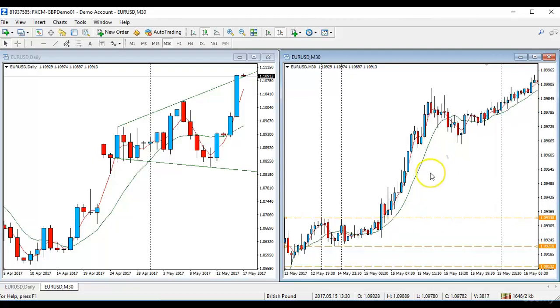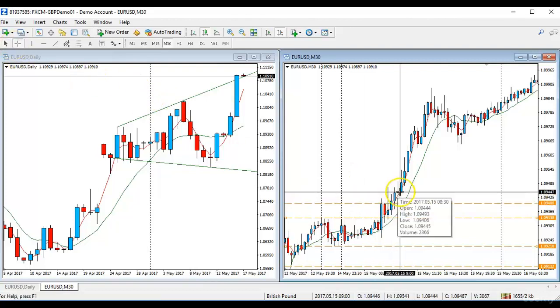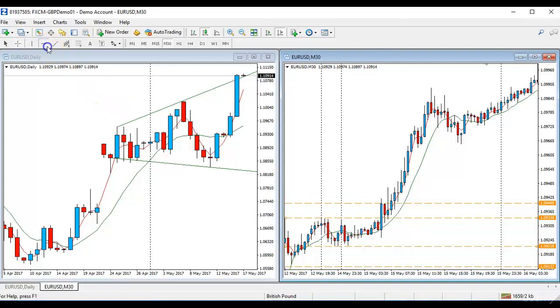What you can do is, let's say for example we had an entry over here. Okay, let's say that was our entry. Let's say we entered here and we had a stop loss below a previous level, or below two previous levels of support here.